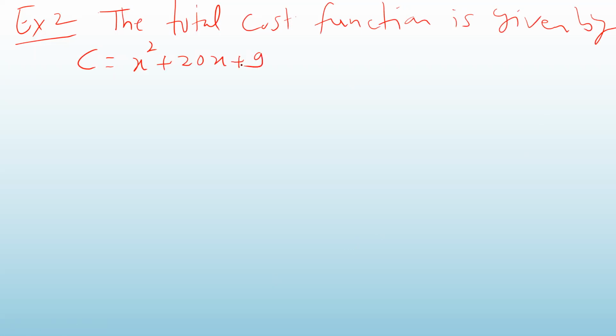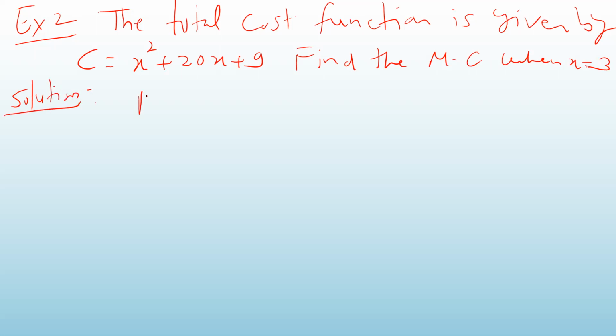Okay. Find the marginal cost when x is equal to 3. Okay. So again, like in the previous problem, how will you find out the marginal cost? Marginal cost is the derivative of C with respect to x.